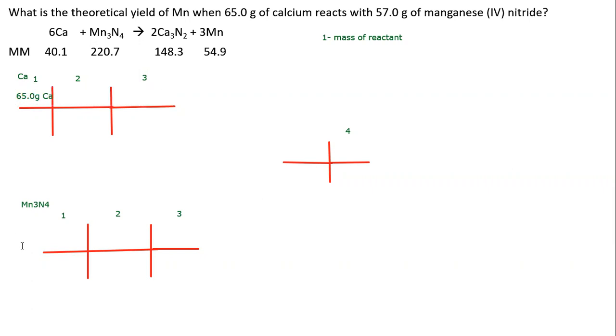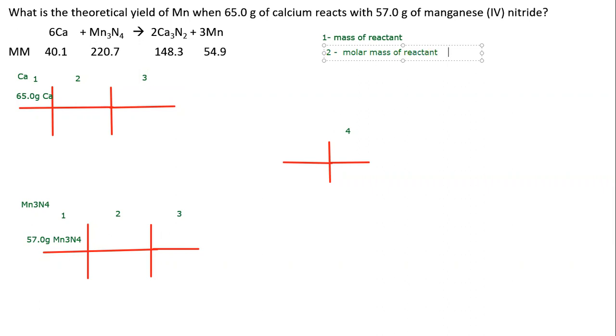And I'm going to do the same thing with manganese 4 nitride. So again, in slot 1 or track 1, we're going to put the mass of each reactant that was given to us in the problem. In slot 2 is the molar mass of reactant.